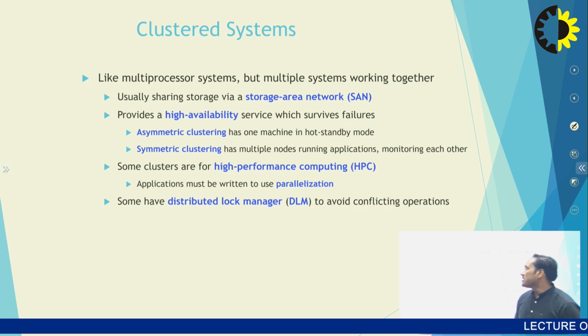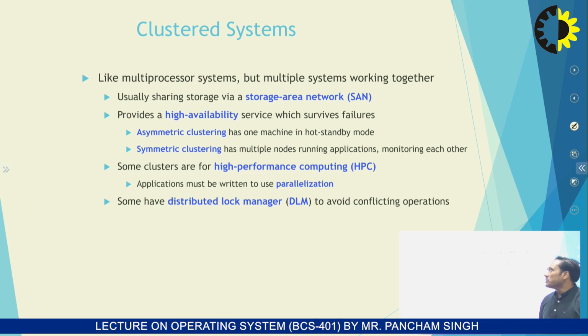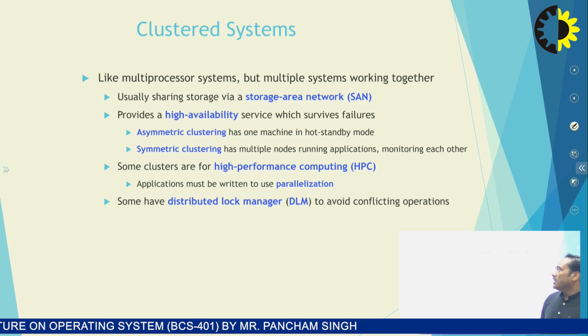Now, what is the cluster system? A cluster system is a type of system where multiple systems work together. The cluster system is also divided into two main categories: asymmetric clustering and symmetric clustering. It is a multiprocessor system, but multiple systems working together behave as a cluster.